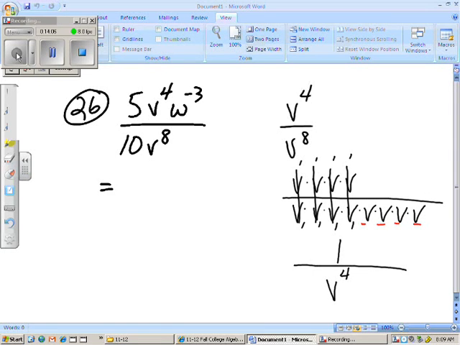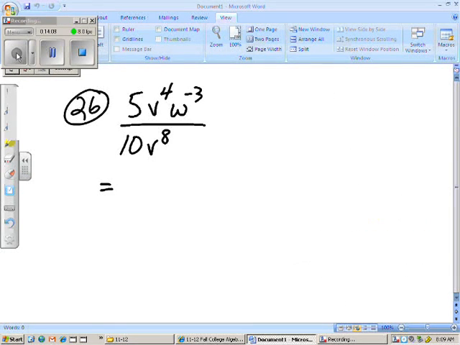Now, another way to get the same answer, just looking at b to the fourth over b to the eighth, is to subtract exponents.